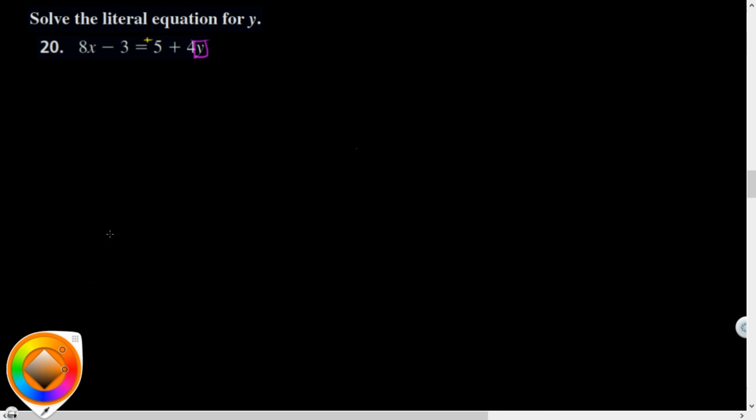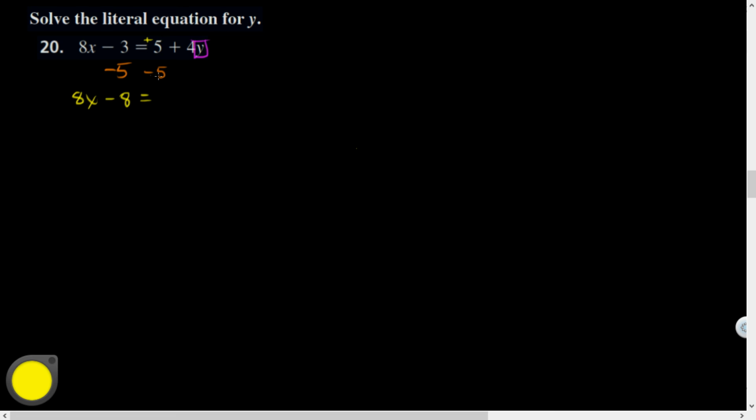I'm going to move that 5 first, by subtracting it from both sides. What term should I write this minus 5 under? Yeah, the 3, because it's a like term with that 3. Combine it right out the gate. So I've got 8x minus 8 equals, those 5's cancel out, 4y.